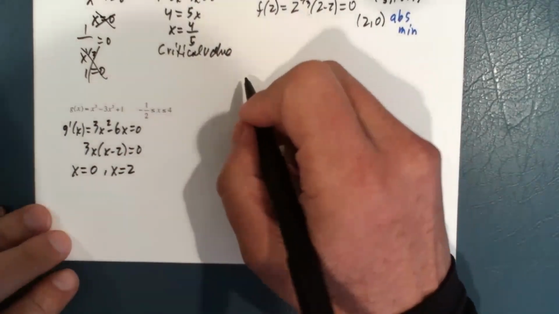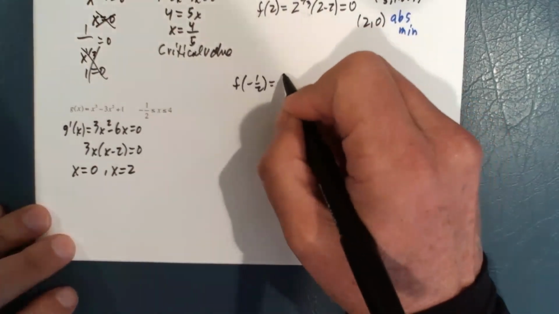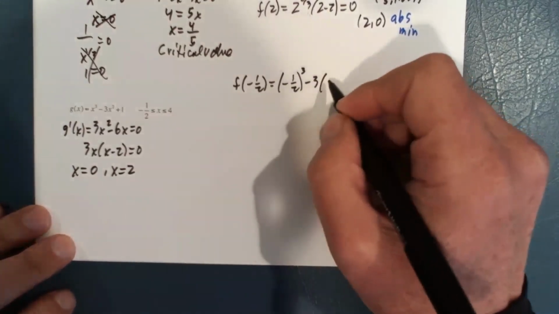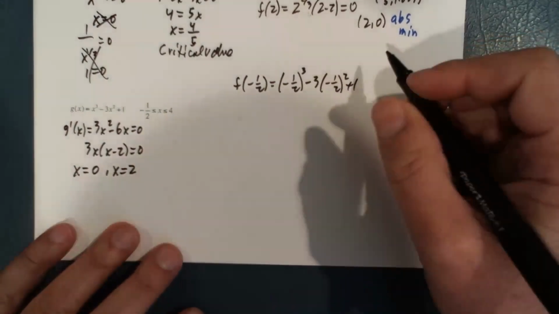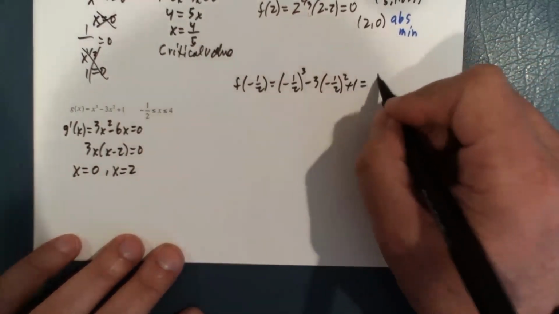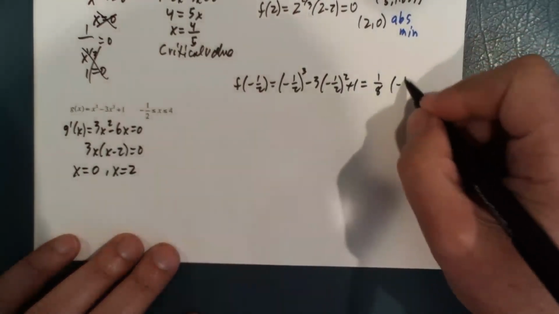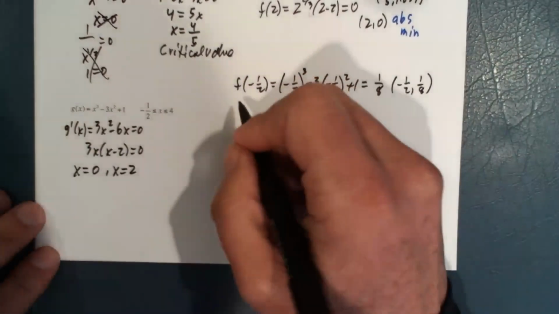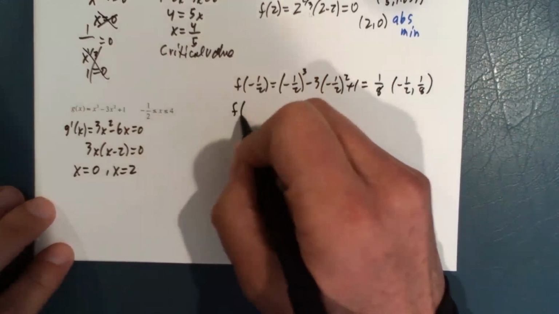So let's start here at f of -1/2. And I'm getting 1/8. You can verify that. So we're looking at the point -1/2, 1/8 as our endpoint here. Let's do f of 0.